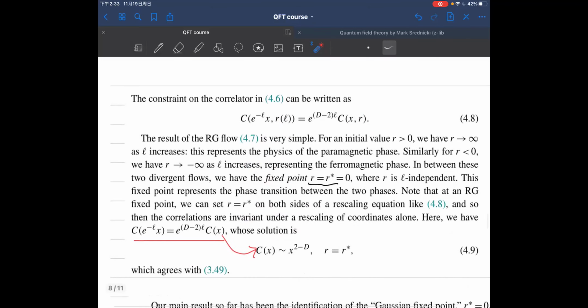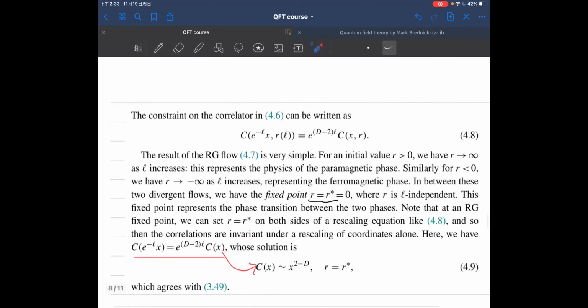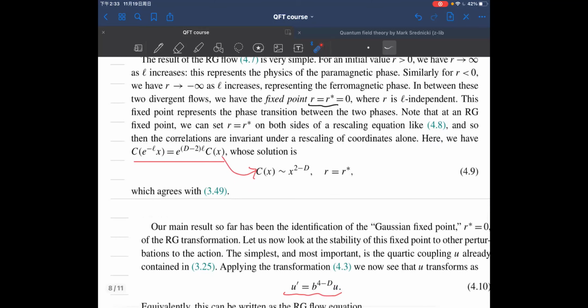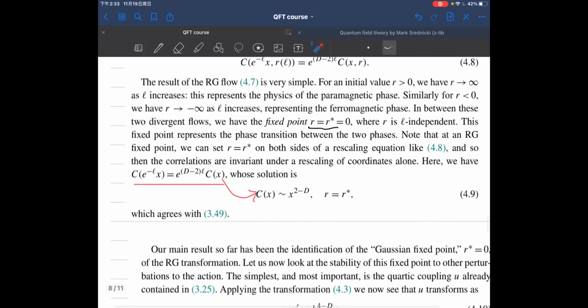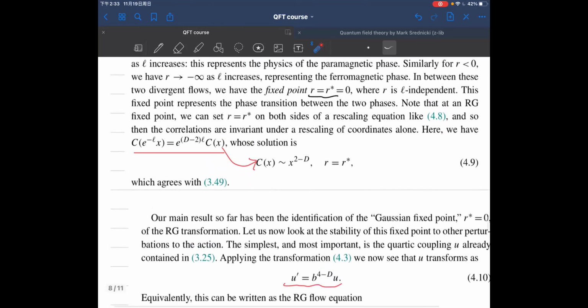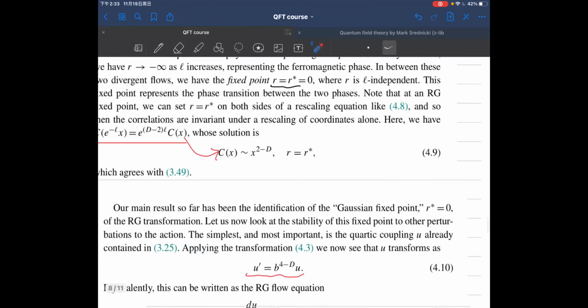Then it is quite easy to get the power law from this relation. So you see that the 2-point correlation function has a power law at the critical point.